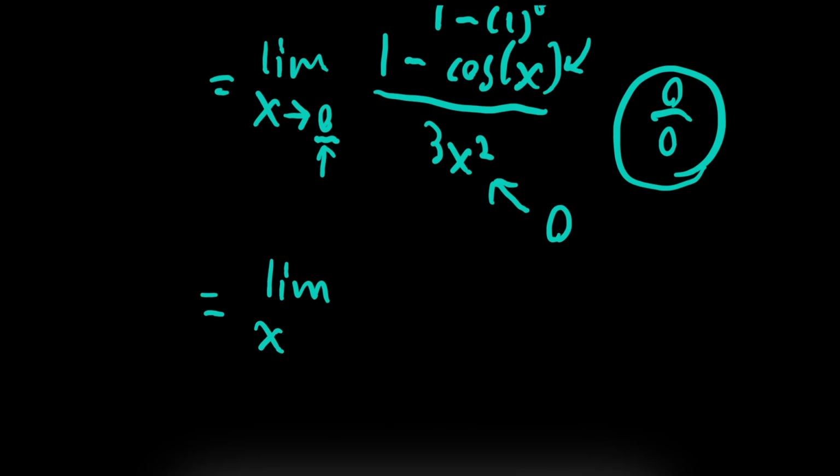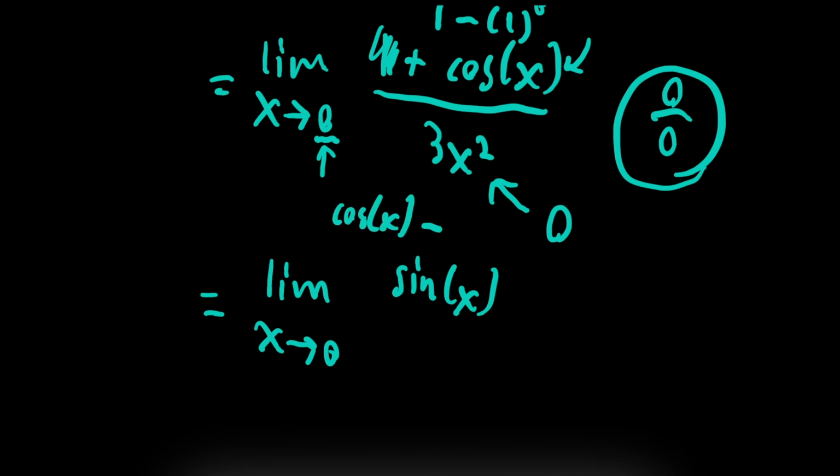So this would be equal to the limit as x approaches 0 of sine of x. This constant disappears, and this negative sign flips to a positive because the derivative of cosine of x is equal to negative sine of x, over 6x.